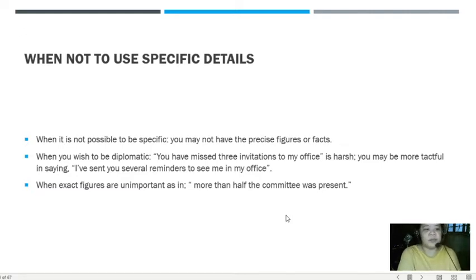If you don't have the exact facts and figures, do not make them up, because it can come back to you that you're just making up your statistics or your numbers. I would suggest finding it first, or if it is a face-to-face interaction where there is no time to prepare, then just do not include that figure if you don't have it at hand.